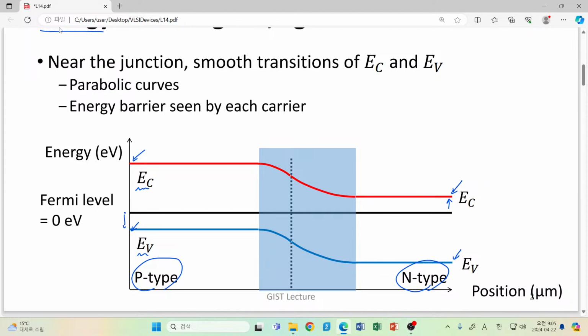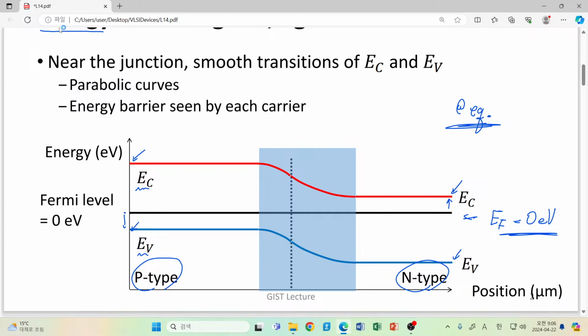So please note that at equilibrium we have a strict condition of existence of Fermi level, and that Fermi level is regarded as the reference energy which is uniform, or global, all over our system.